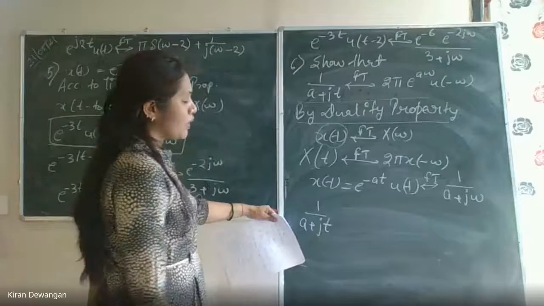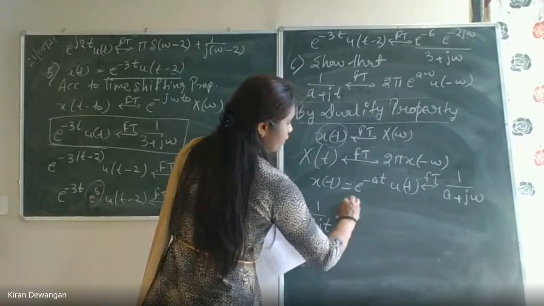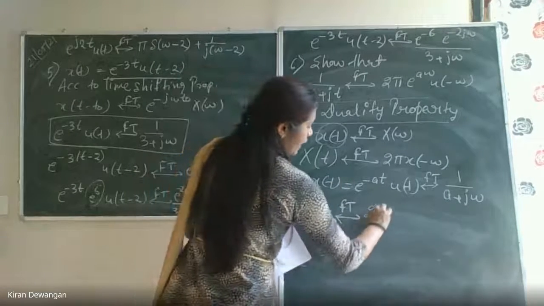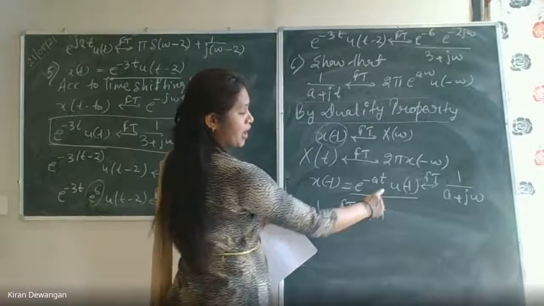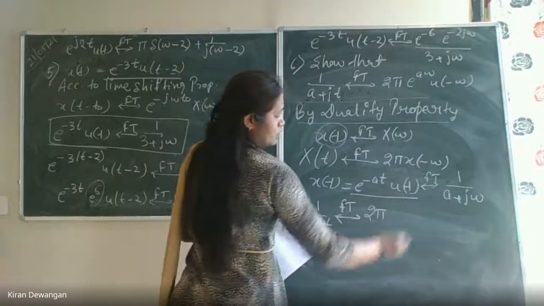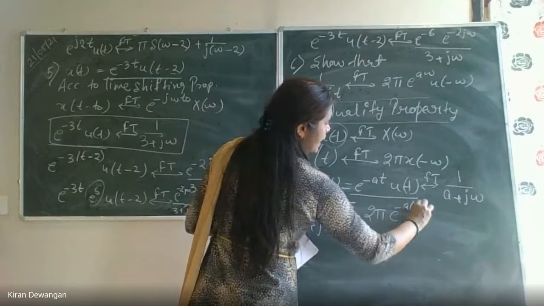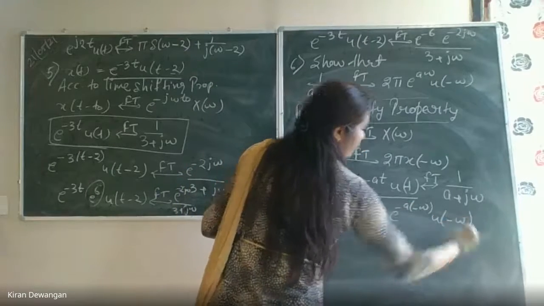This becomes 1 by a plus jt, and it will have Fourier transform, according to the duality property, 2 pi times, what is my x(t)? This one. Whenever I have t, it will be replaced by minus omega. So it becomes 2 pi e to the power minus a times minus omega u of minus omega.